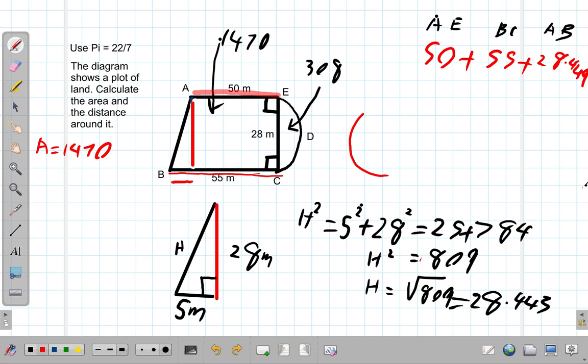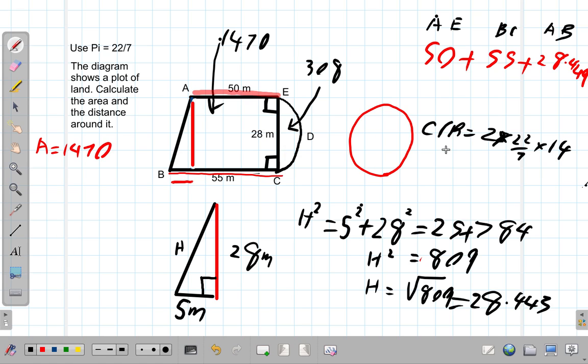If you have the whole circle, this arc would be part of the circumference. What would be the entire circumference of the circle? Circumference would be 2 times pi, alright, times 22/7 times r. The diameter is 28, so the radius was 14.